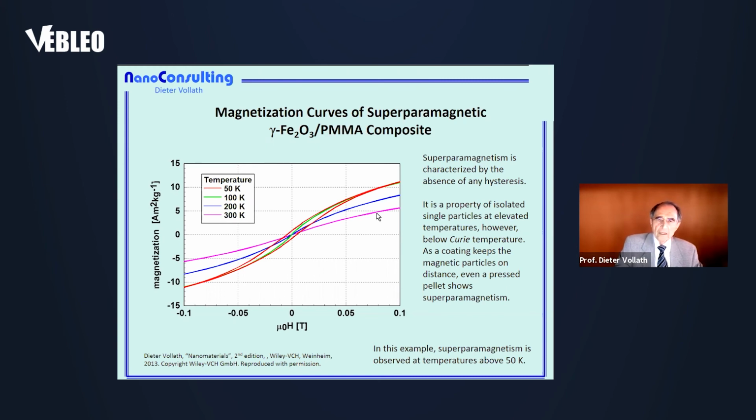As I said, superparamagnetism is characterized by no magnetic losses, no magnetic hysteresis. And you see here the magnetization curve at 300 Kelvin, at 200 Kelvin. There's no hysteresis. Only at low temperature do we have hysteresis, in this case at 50 Kelvin.